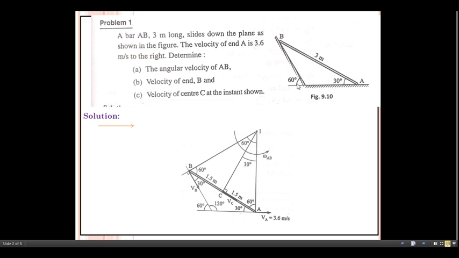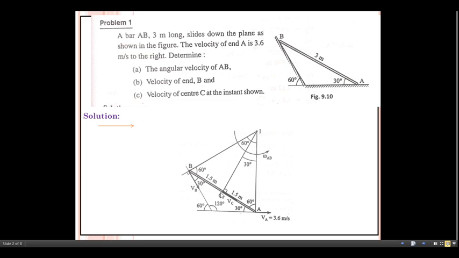This one has a 60-degree angle and this one a 30-degree angle. According to this, first draw this diagram, and after that, by seeing the direction of the velocity components, here is VA, the linear velocity at point A, and here is the linear velocity at point B. The explanation regarding the location of I is already given here.